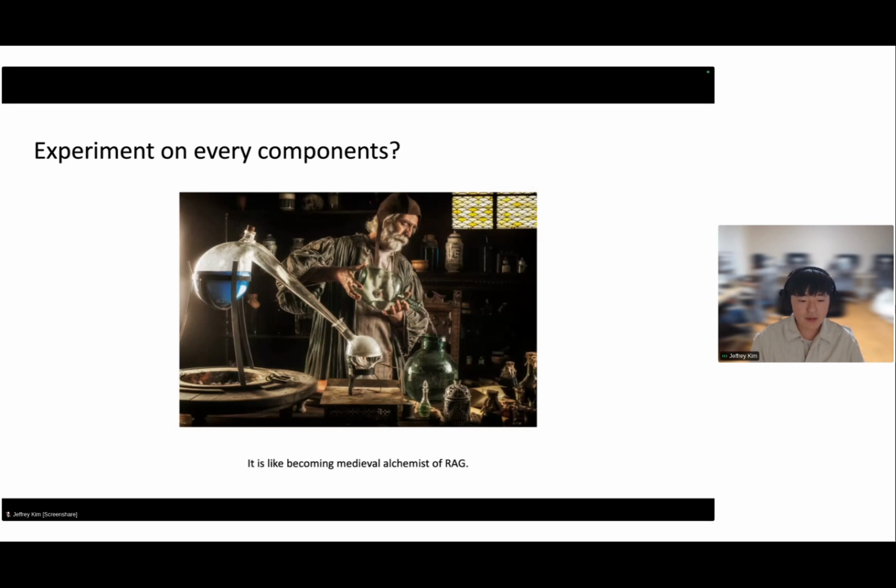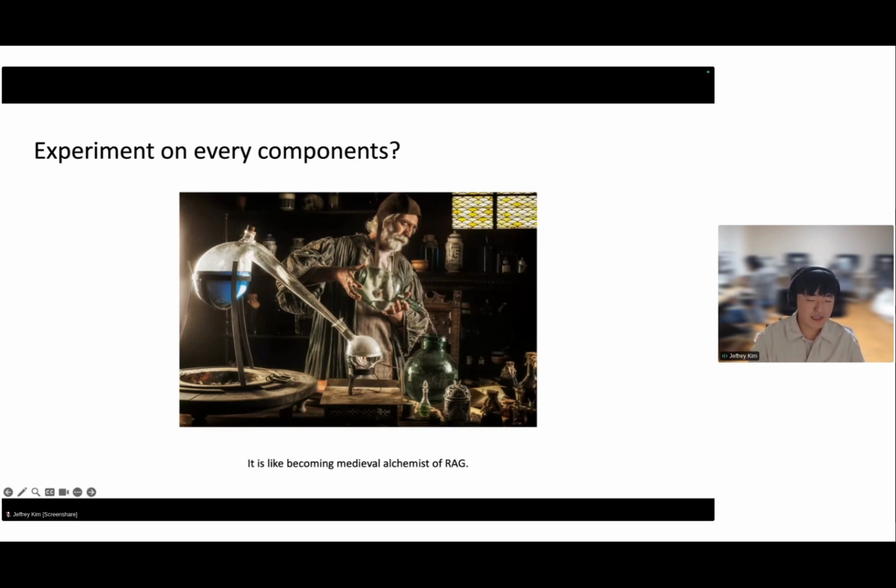Then I will ask, what is the stock price today of Tesla? Or, will I make money if I buy Tesla? They ask 3 or 5 questions, and if the answers are great, they think their RAG system is great. And this is the real problem. This is the way medieval alchemists do experiments.